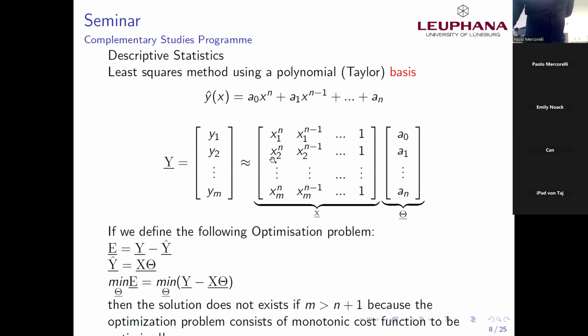Second line, 2 up to 3 is 8. 2 up to 2 is 4. 2 up to 1 is 2, and 1 is 1. And you go ahead. This means, we will see in MATLAB now, it's easy to calculate. You just have to type. Good.